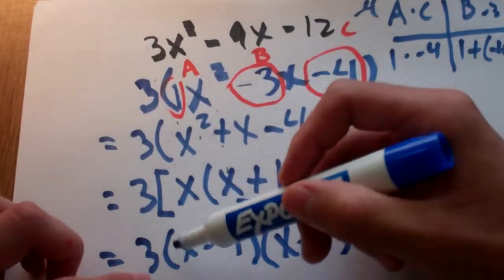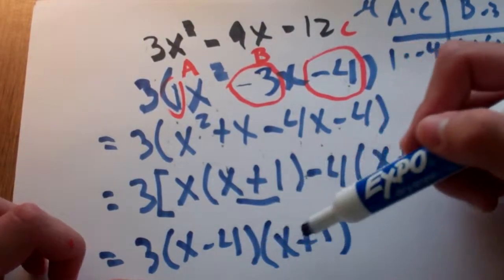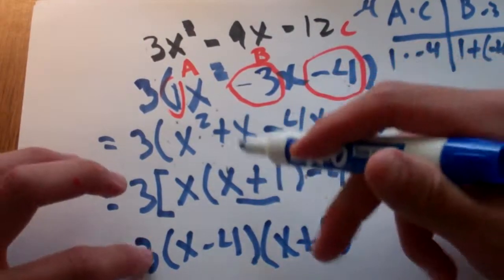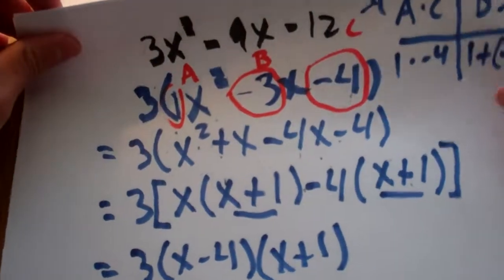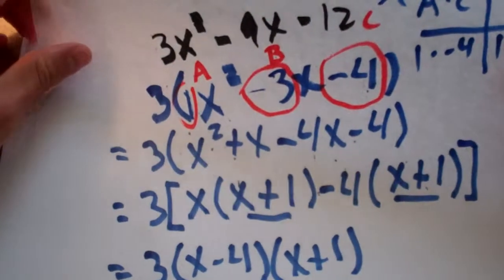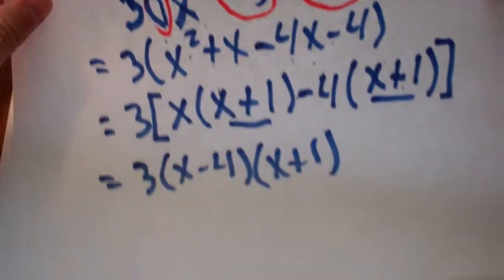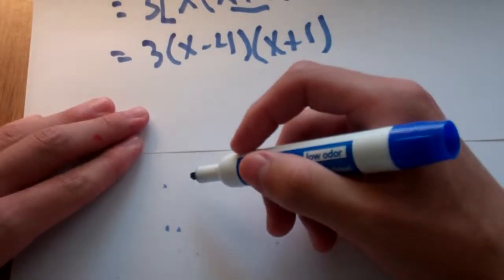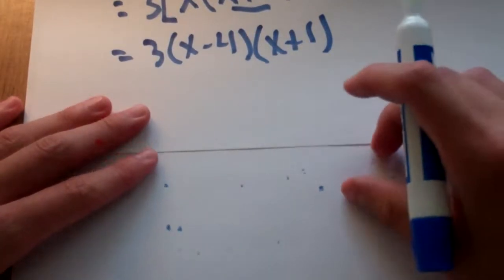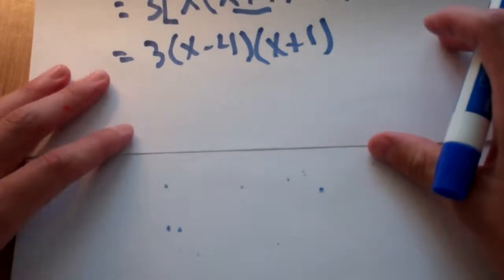If we were to actually multiply this out, we would get the first thing that we started with. But in case you don't believe me, what is the first thing we started with? It's 3x squared minus 9x minus 12. Well, let's find out. I want to find out if I actually did it right. If I have some extra time on my test, that's great. Let's do it.